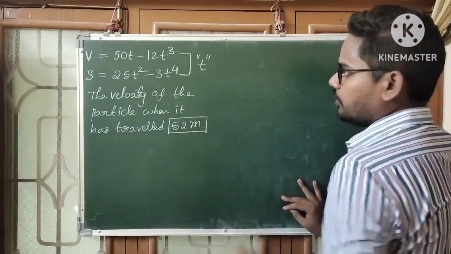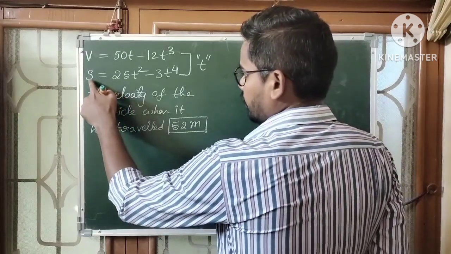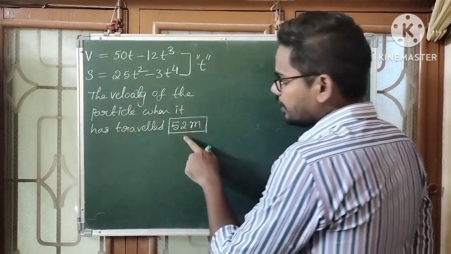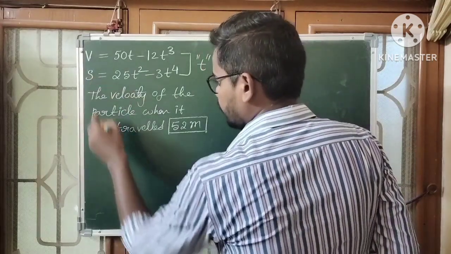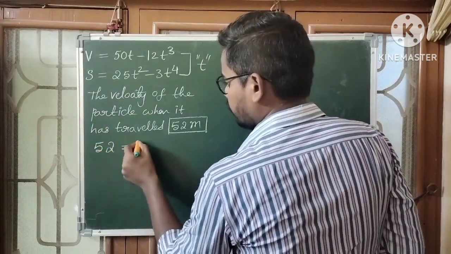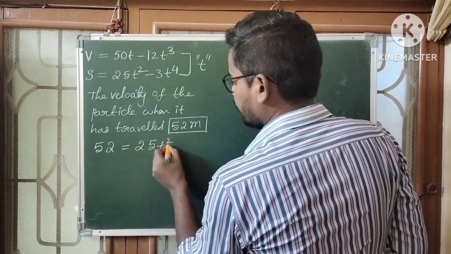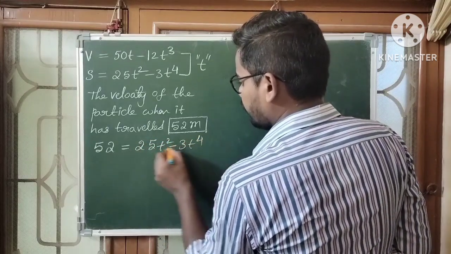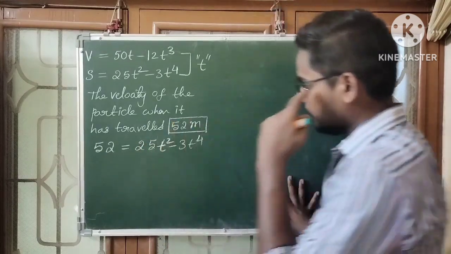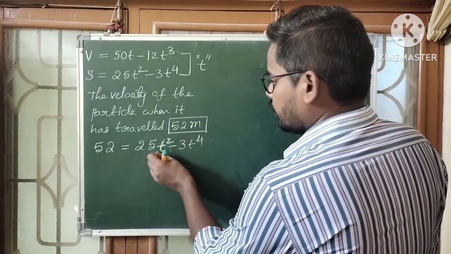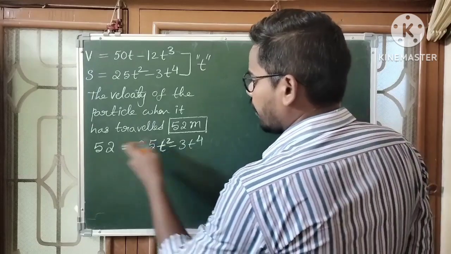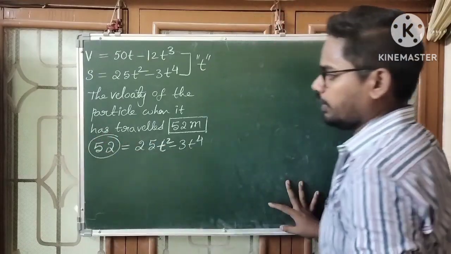So first we have to find the common independent variable t. Suppose the particle has traveled 52 meters. Put s is equal to 52 meters in this equation: 52 is equal to 25t square minus 3t power 4. Here we are going to find the time at which the distance traveled by the particle is 52 meters.